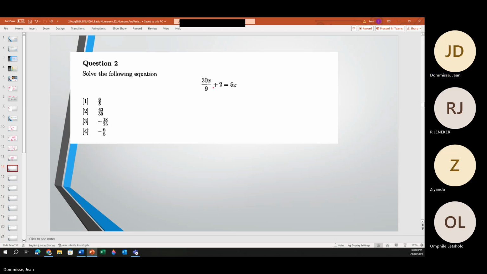So what I would do is look at the options, and when I see, okay, all of them are fractions, I would say let's first work out or simplify. So 30 and 9. Let's say, okay, well, 3 can go into 9 3 times. 3 can go into 30 10 times. And so at least now it's a bit easier.